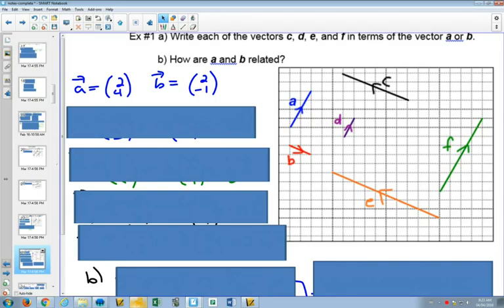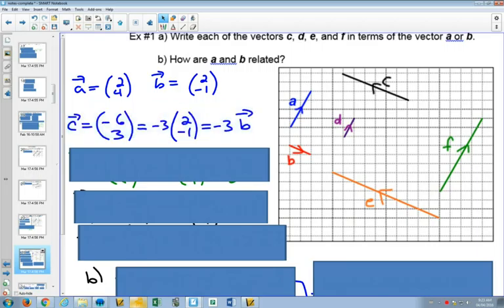B is 2, negative 1. C is negative 6, 3. And if you factor out a negative 3, you get vector B. So we can say that vector C is the same as negative 3b. So that's the idea. Continue with D, E, and F.